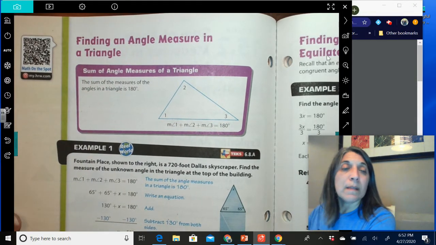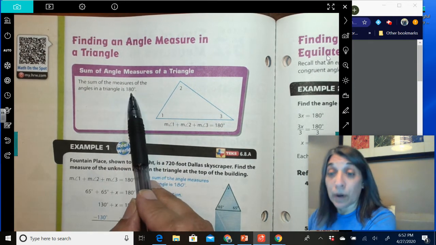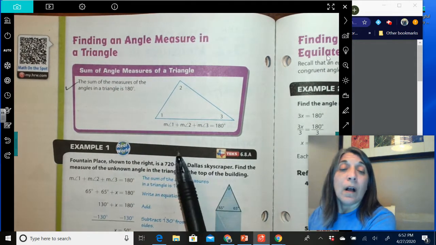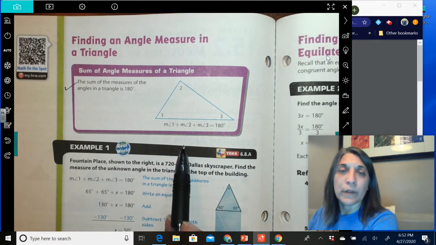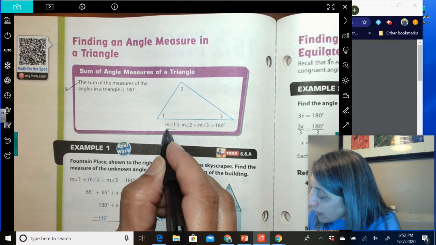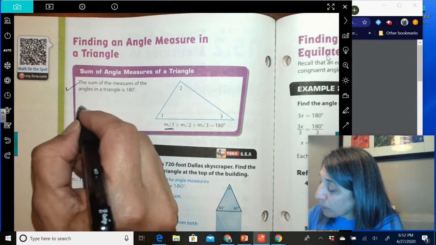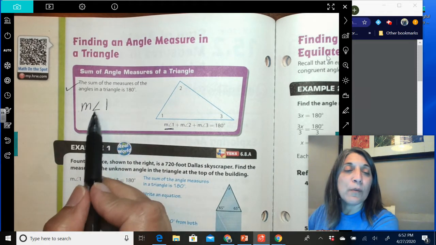So this one says the sum of the measure of angles in a triangle is 180 degrees. We already put this in our notes, so we're good. We have that. Whenever you see M, I'm not quite sure if you learned this in 5th grade or not. But when you see this right here, M, and then this little symbol for an angle, let me make it a little bigger over here. That's a symbol for an angle.